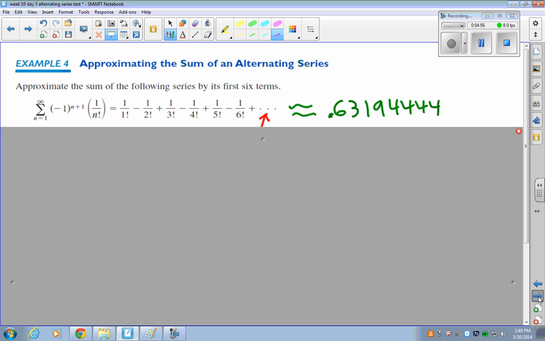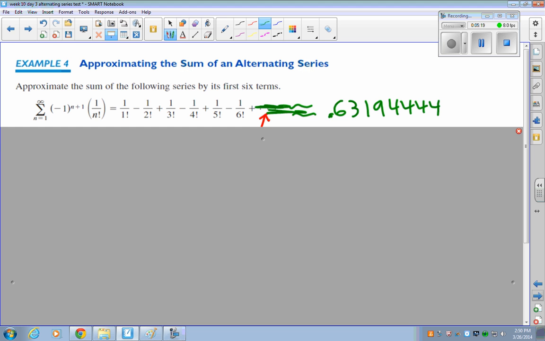Right here, I want to approximate that sum. Could I add it forever? And that would give me the real answer. Where did I stop? 1 over 6 factorial. I added up, and this is what I got. Okay, I stopped right there at the 1 over 6 factorial. That's what I got.